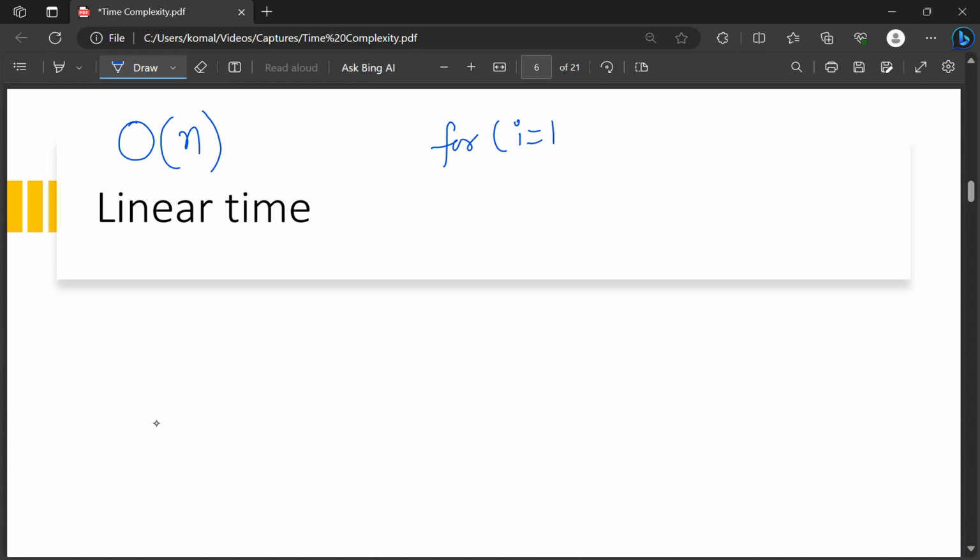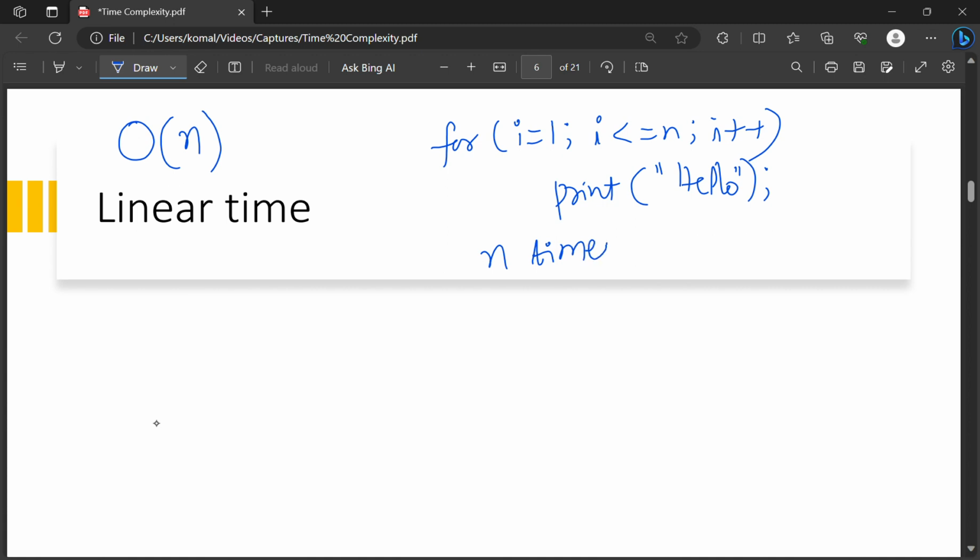For I equal to 1, I less than or equal to n, I plus plus, print hello. How many number of times does this loop statement execute or print hello? That is nothing but n times. So this time complexity is measured as big O of n.